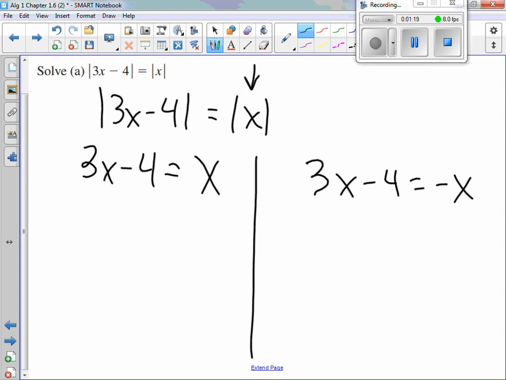Now, what we need to do is get the values of the x on the same side. So we can move the 3x to the other side, or we can move the x. What do we want to do? Do we want to move the 3x, or do we want to move the x?